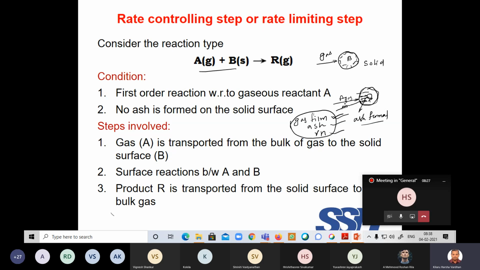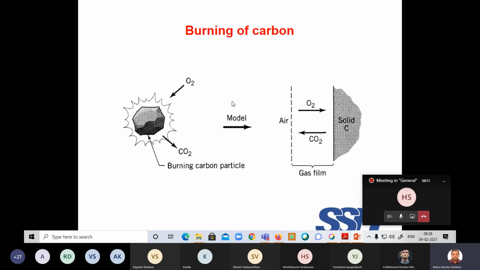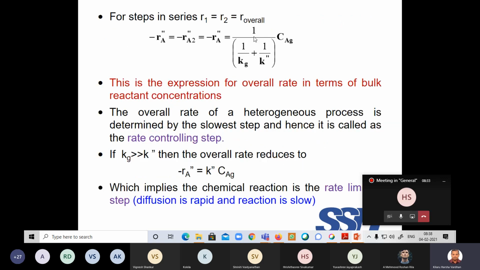If you are writing the rate for it, then can you tell how it will be? If there is no ash, you get it like this. Am I right? We are getting the sum of the individual resistances of the gas film and the reaction. When there is ash being formed, then you get one more resistance, that is the ash film resistance, which also will be added.